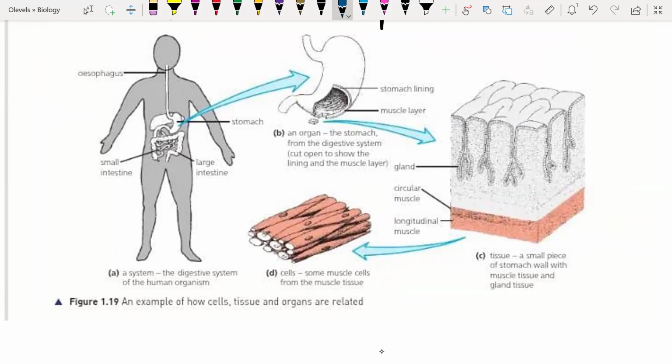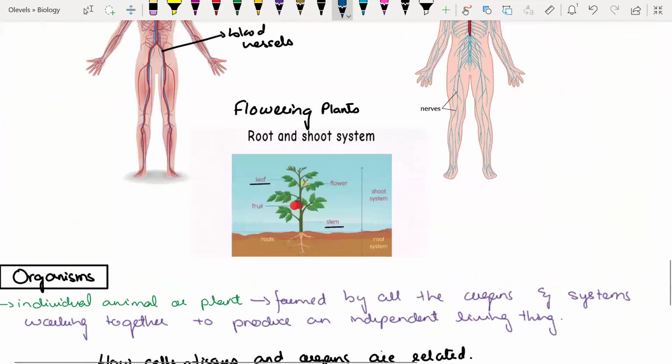Those different organs are made up of different kinds of tissues working together. Then those different kinds of tissues have cells that are grouped to perform similar functions. So this is how the levels of organization of living things work, right?